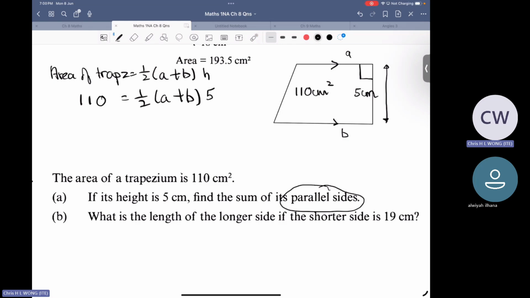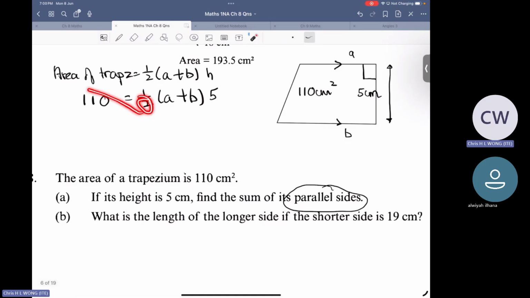Again, you need to solve by cross multiplication, isn't it? Your cross multiplication must be very, very good. Every question that you see, volume, area, they are all cross multiplication. To solve A plus B, I'm going to bring 2 over and bring 5 down. I will leave A plus B alone.